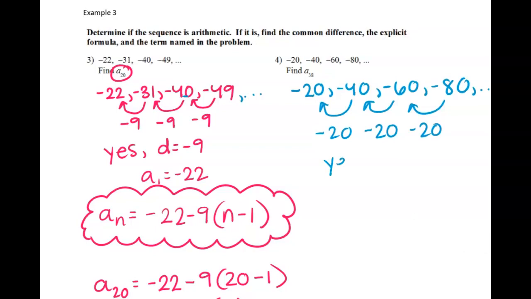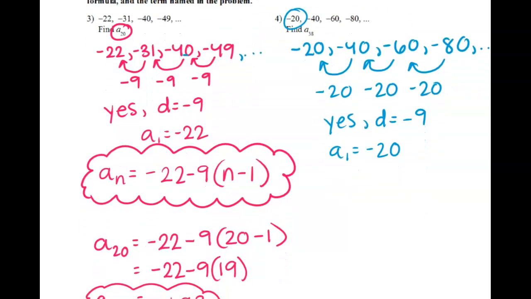So yes, it's arithmetic because all those differences match. D equals negative 9. First term in the list is negative 20. So now our explicit formula, a sub n, is going to be our first term, which is negative 20, minus 20 times n minus 1.